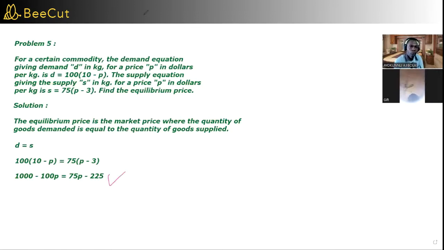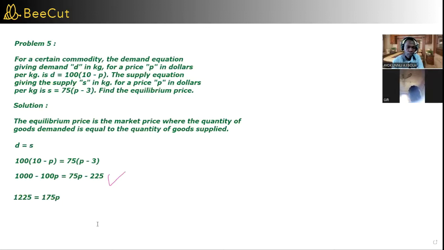So the next stage is that we collect like terms and solve. So we have 1,000 plus 225 equal to 75P plus 100P on the other side. So when we have that, the result is going to be 1,225. 1,000 plus 225 is 1,225, and 75P plus 100P is 175P.